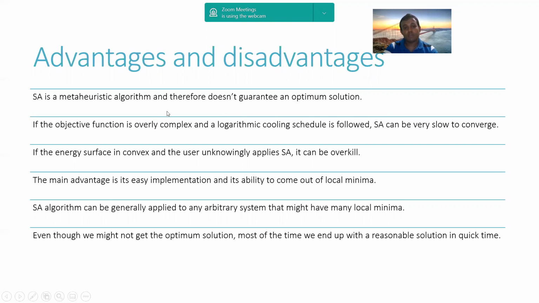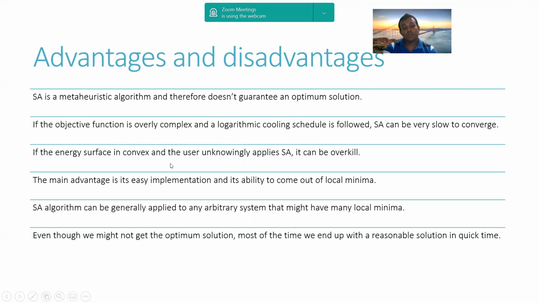So that is one disadvantage, because we are not guaranteed to get an optimum solution. And since we are continuously calculating the objective function, if the objective function is mathematically overly complex, then it might affect the rate of convergence of the algorithm. And also if the user is using a logarithmic cooling schedule, that can also result in slower convergence.